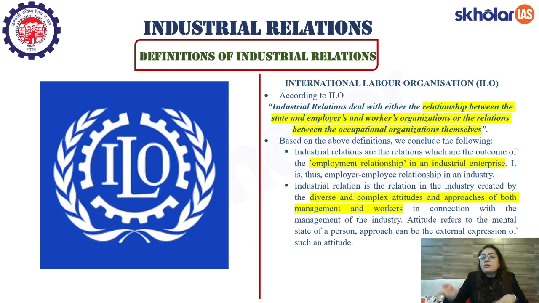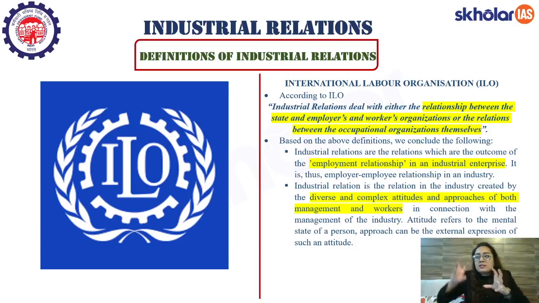Then they talk about relations that are there in occupational organizations. Occupational organizations mean, for say, there is an organization which is maintaining all the doctors. Okay, then there is an organization which is maintaining all the lawyers.